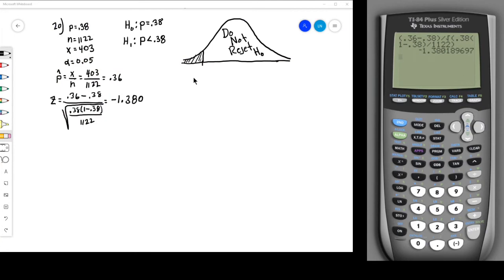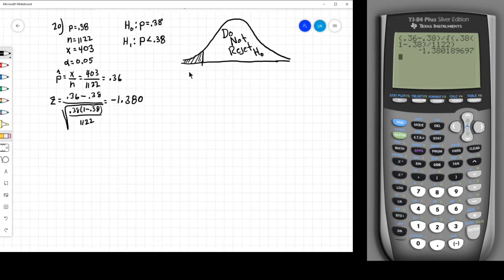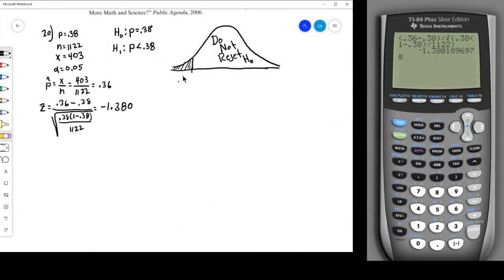Now remember, this is on the left, so on the left it's actually a negative 1.645. So now I can place my test statistic. Now I have a marker that makes this a number line. So negative 1.38 is going to be less than negative 1 or greater than negative 1.6, right?